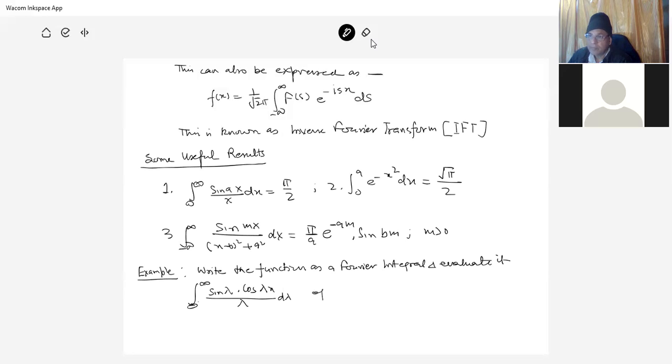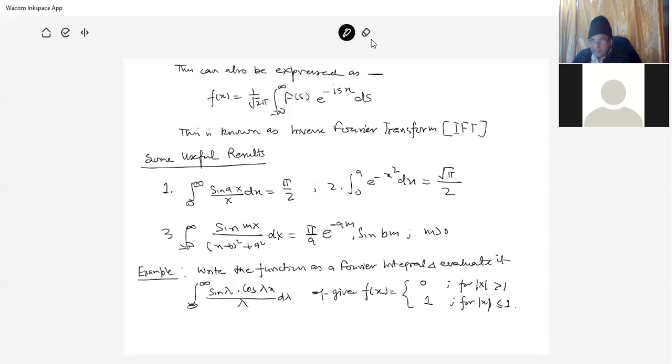The given function is 0 for mod x greater than 1 and 1 for mod x less than or equal to 1.